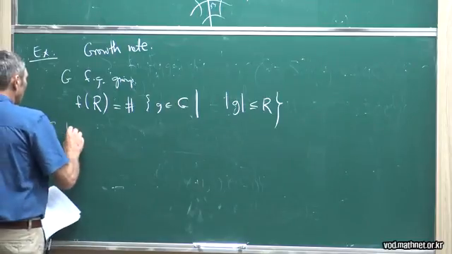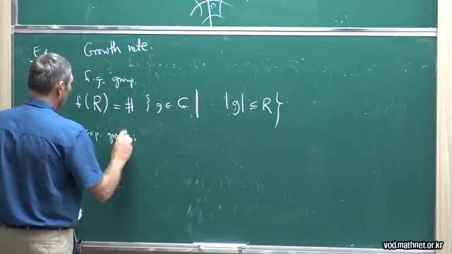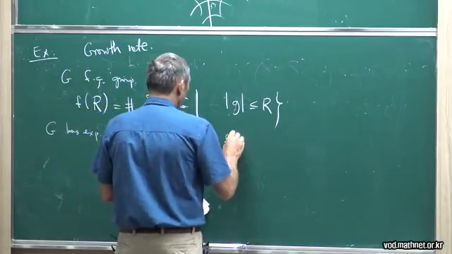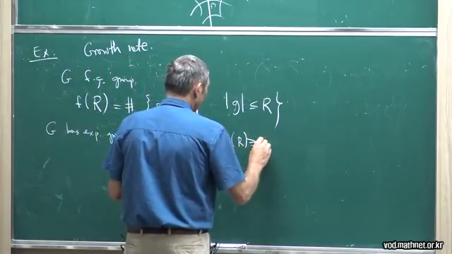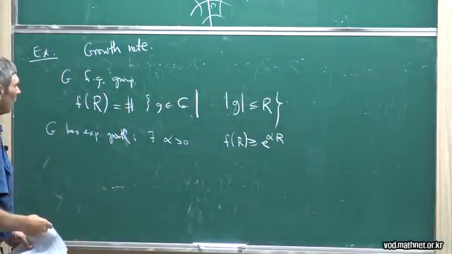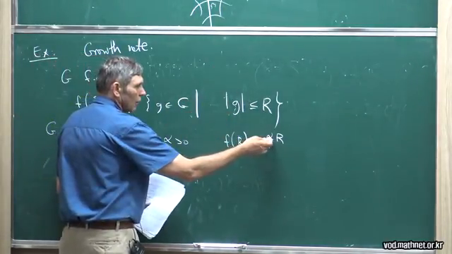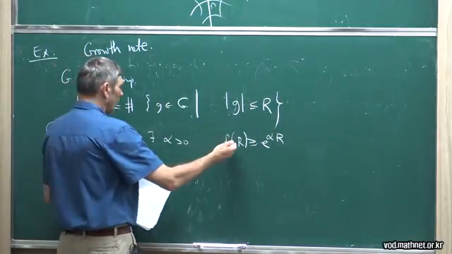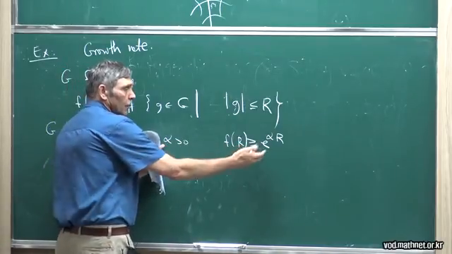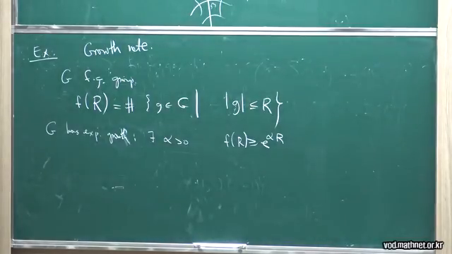I could say that G has exponential growth, and that just means that there exists some alpha positive so that f of r is greater than or equal to e to the alpha r, say. Again, if I change the generating set, then the function might change and the value of alpha might change, but the property of there existing an alpha so that this inequality holds will not change. So then you say the group has exponential growth.